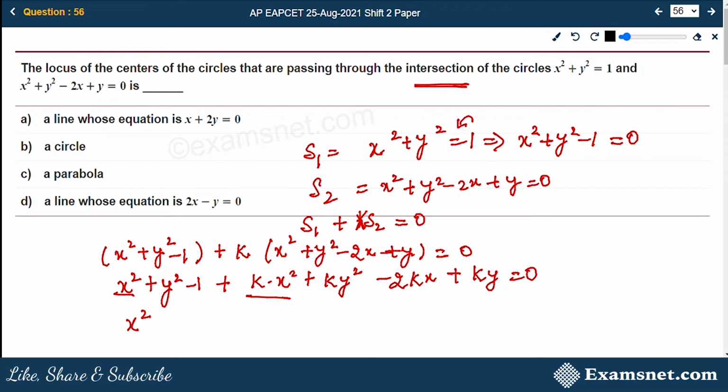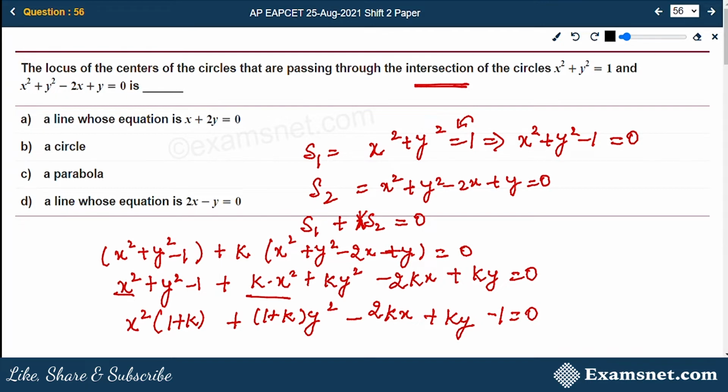This will be x square into 1 plus k, plus 1 plus k into y square. Then I will connect this, minus 2kx plus ky minus 1 is equal to 0.